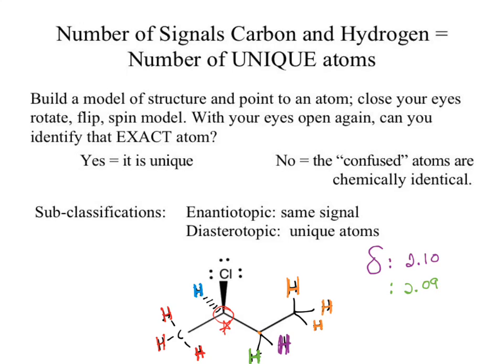All right, since we've got the structure and it's all nicely colored, let's go through and piece some other information out of this. What would happen if we looked at the integration? How many red hydrogens are there? 3.